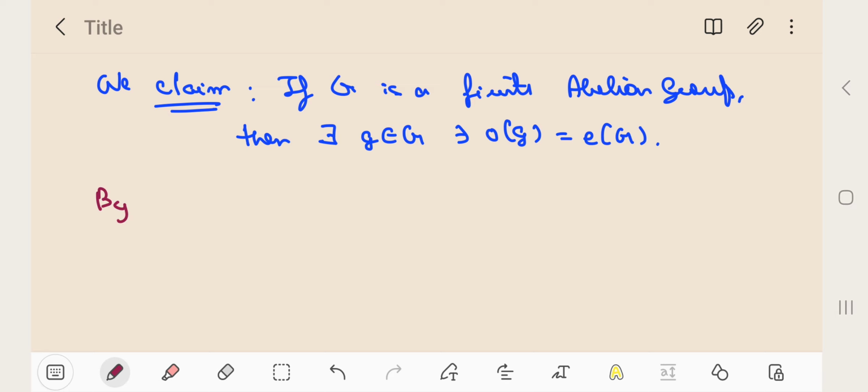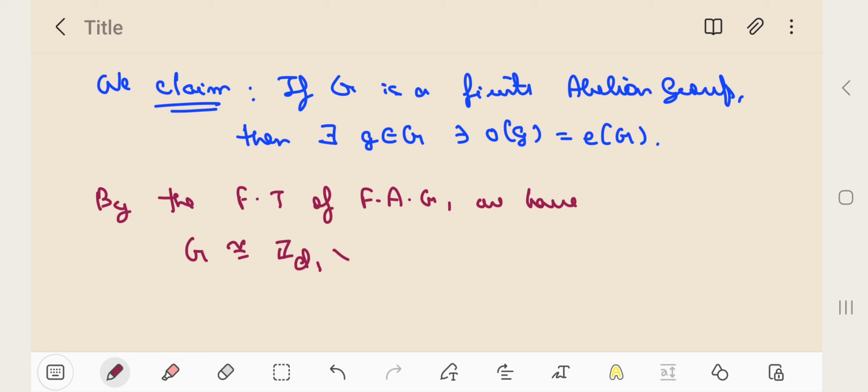By the fundamental theorem of finite abelian groups, I can write G, under isomorphism, as a cross product Z_d1 cross Z_d2 and so on till Z_ds.